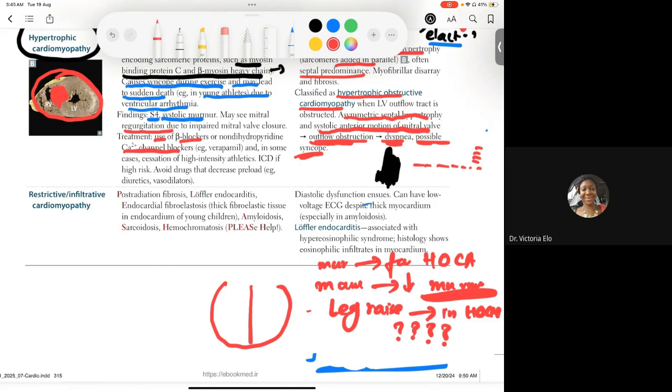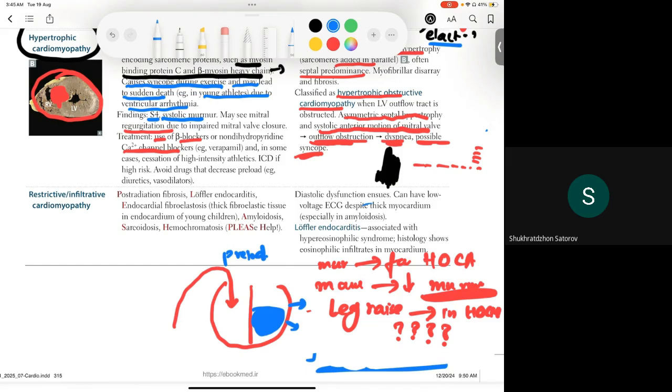Okay. So with the leg raise maneuver, what happens to the preload, as we already discussed? Preload would increase. If preload increases, it means a lot of blood is going to be present within the left ventricle.